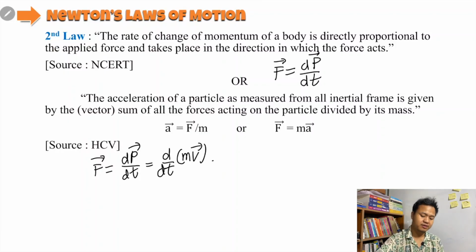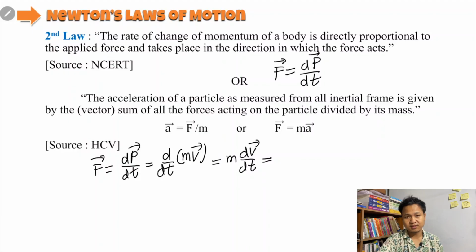If I take out the mass as constant, I will have m dv by dt. So what is dv by dt? Acceleration. So what do you have? Force is equal to mass into acceleration.